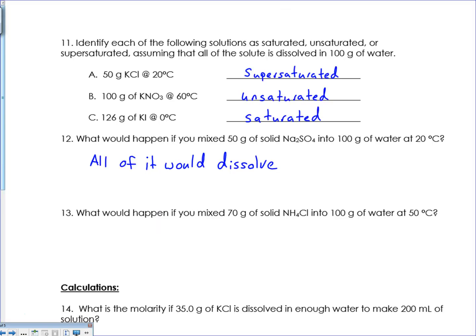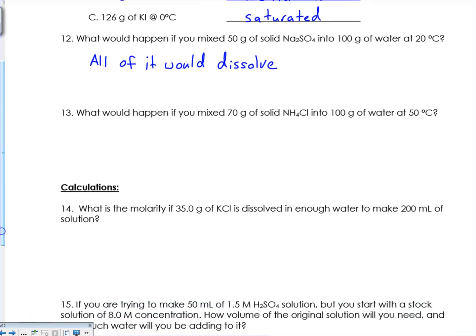So if we put in 70 grams, the first 50 will dissolve, and the rest is going to settle to the bottom of your container.